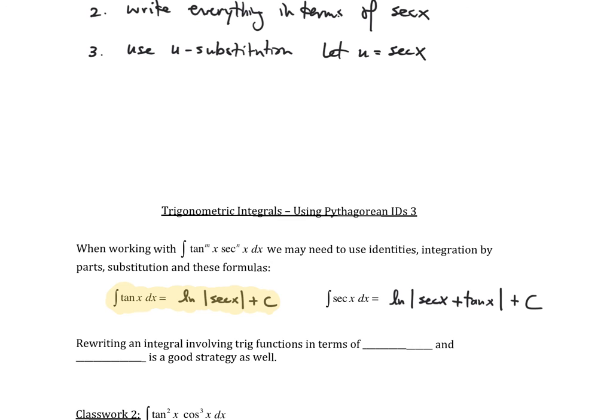This one shows up all the time, and you should definitely memorize this antiderivative as well. You could read the proof of this in the book. It's a cool little trick. I may or may not make a video about it in the future. So I'm just going to put a quick note here. I would say memorize these.